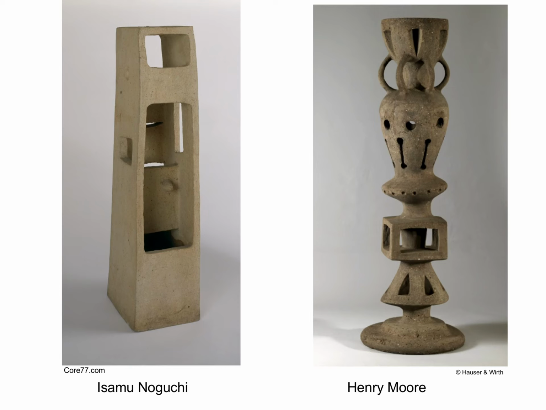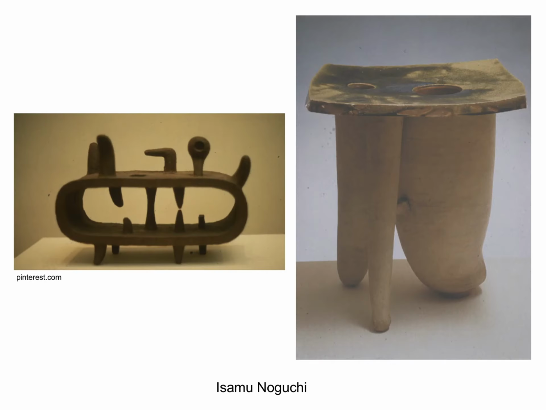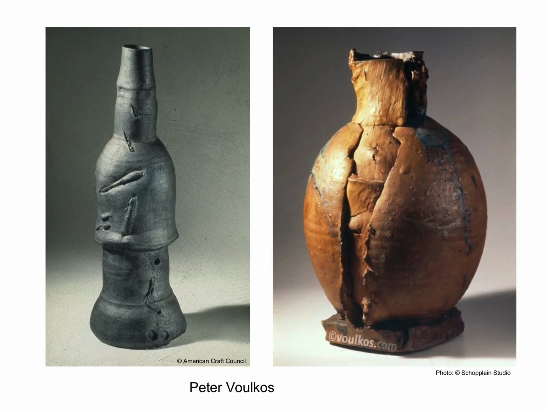People were aware of all of those developments, including Bernard Leach, Henry Moore, the celebrated sculptor, or Isamu Noguchi, the Japanese-American sculptor as well. Two more examples of the work of Noguchi. So all of those things came together more or less when Peter Voulkos started to make this work in California in the 1950s, and all the way to his death at the very end of the 20th century, I believe.